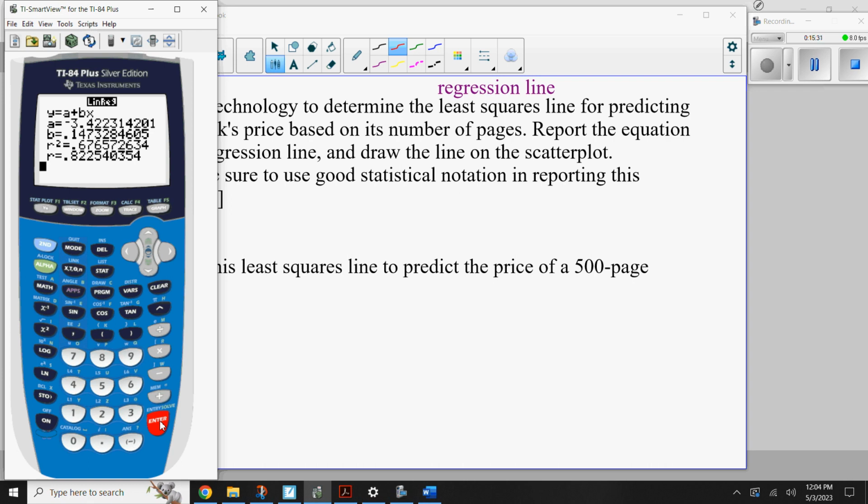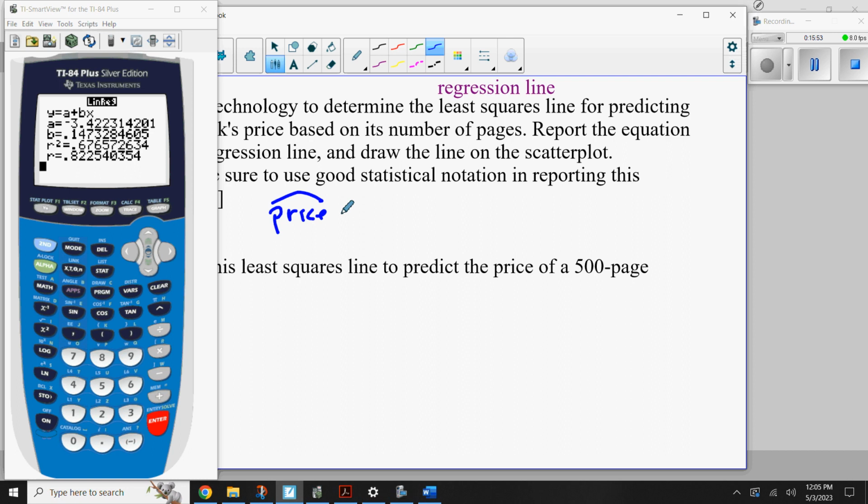So the equation of my least squares line, my regression line, is this. Let's put it in this color here. I am predicting the price. So I go price hat. The hat means it's predicted. This is your y value.